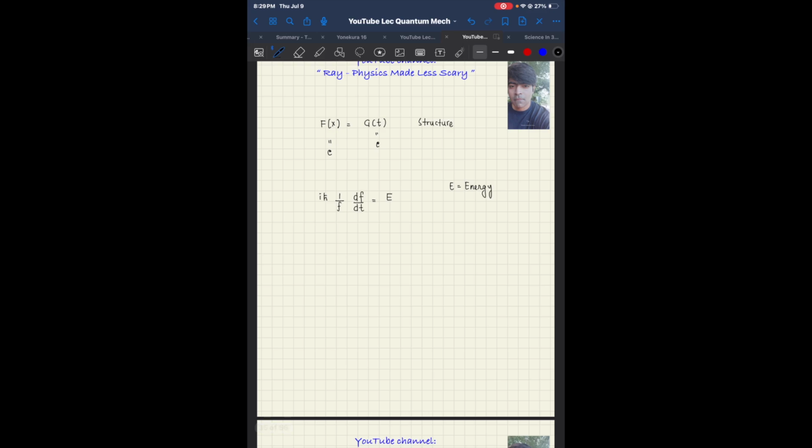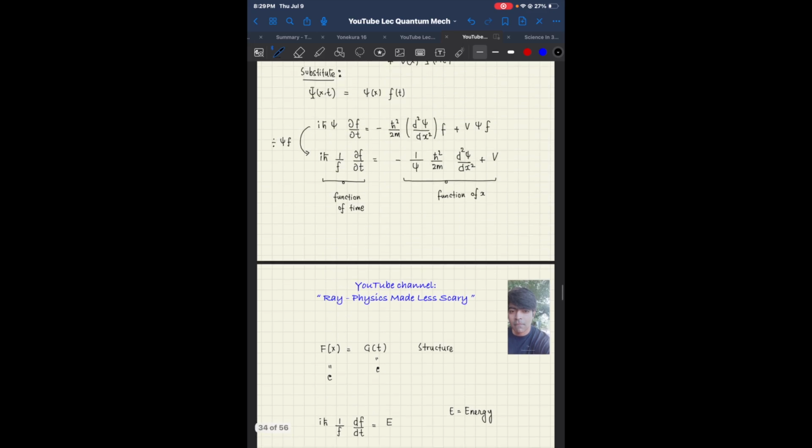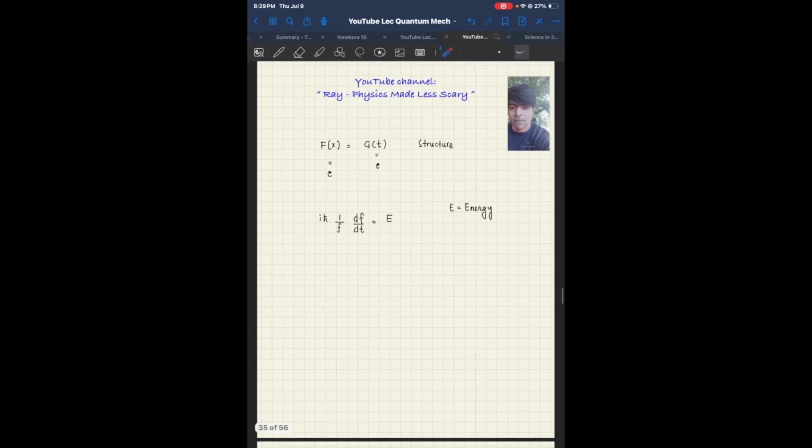This equation is just this equation, as well as this equation also has to be E. So that's the whole game.